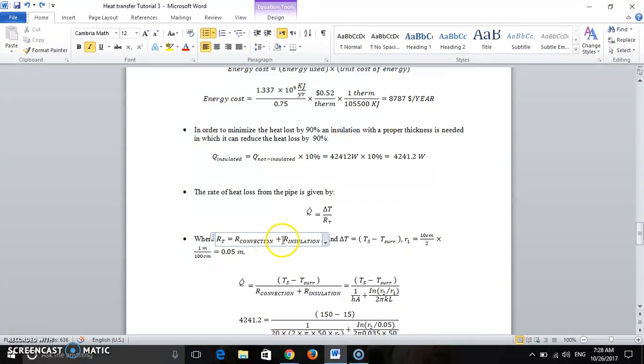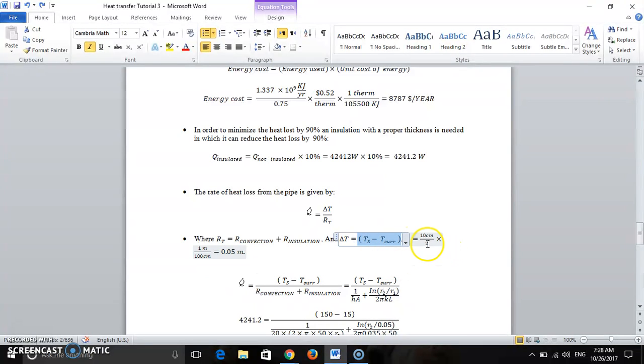R insulation is equal to R conduction, but we state it here as insulation because it's the same concept as conduction. Delta T is Ts, the temperature of the outer surface, minus the surrounding temperature.